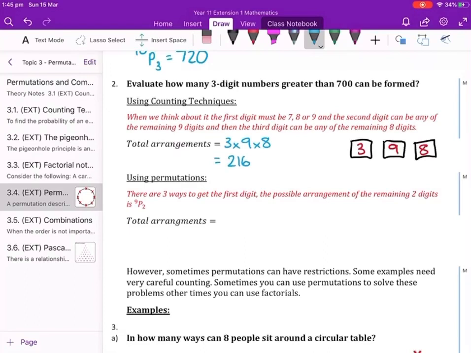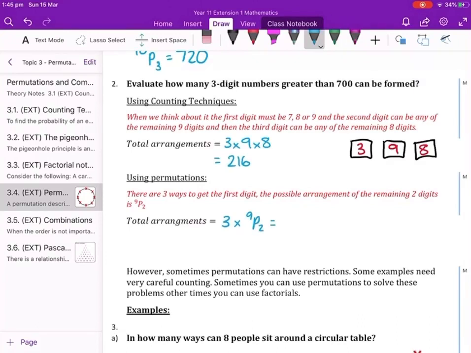But if we use permutations, there are 3 ways to get the first digit. So we write our 3 times, and then the possible arrangement of the remaining 2 digits is 9P2. So we write 9P2.